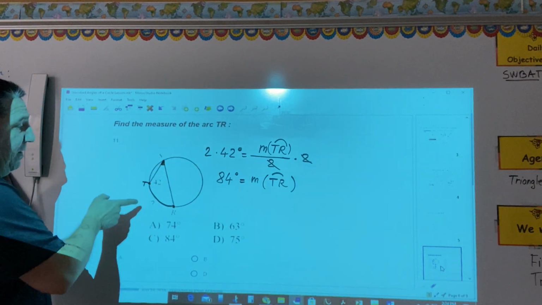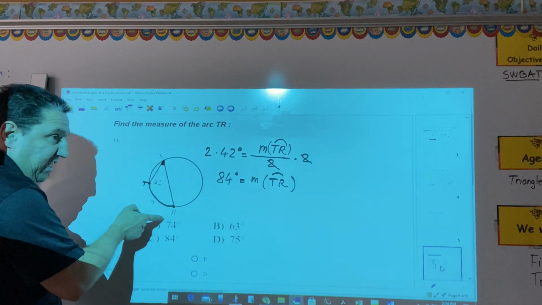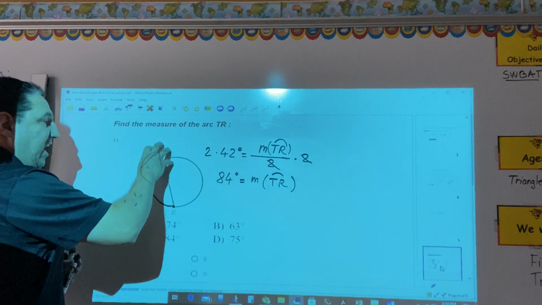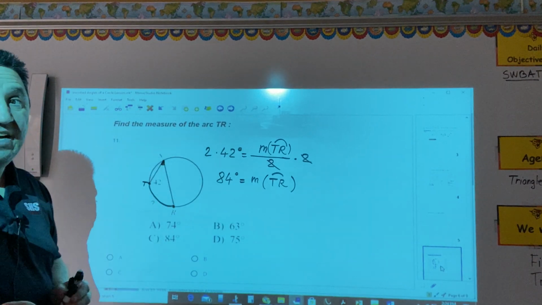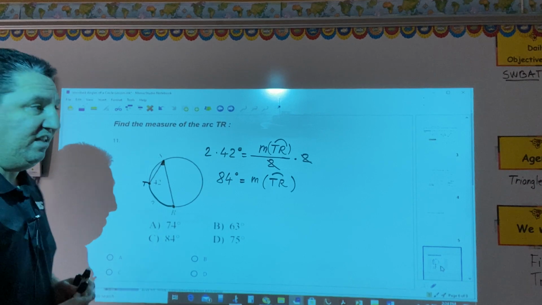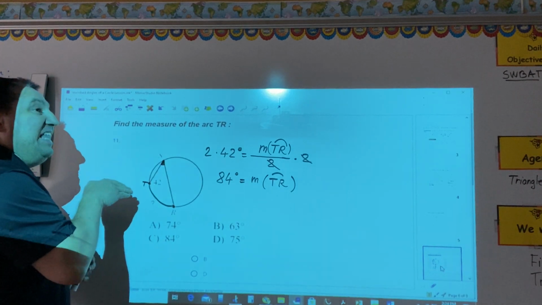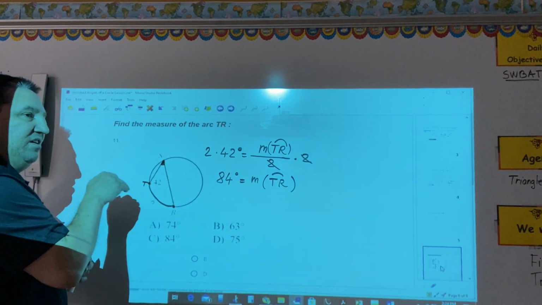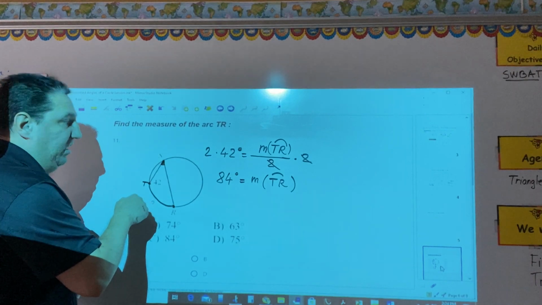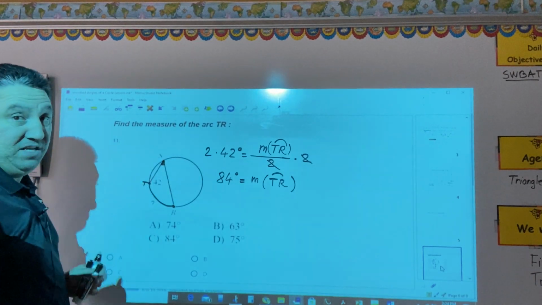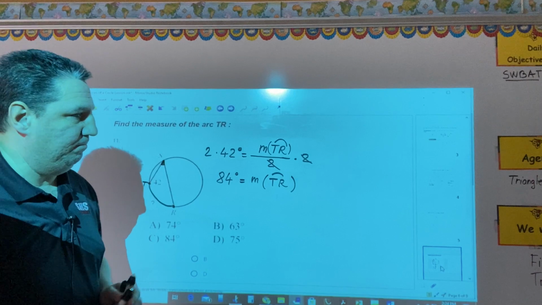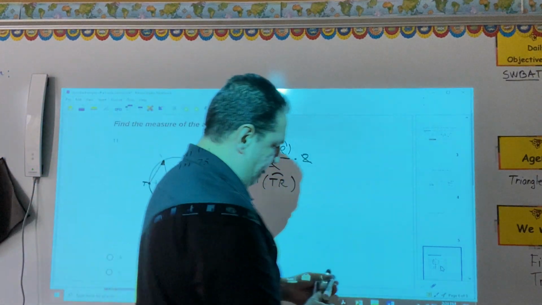The second type is when the intercepted arc is given and we need the measure of the inscribed angle. In this case, we divide the measure of the intercepted arc by 2 to get the measure of the inscribed angle. Good?